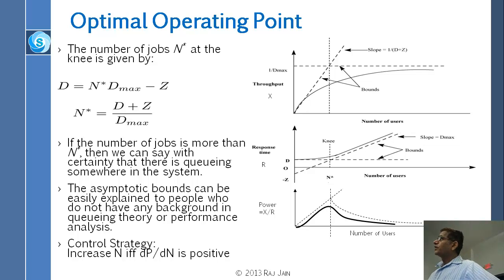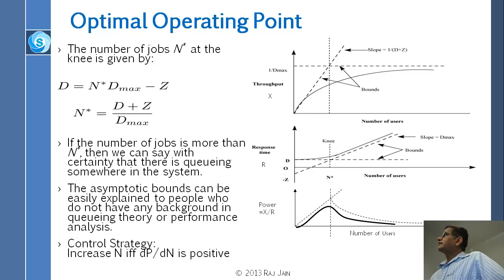Now, there is one more thing. Everybody knows what power is. Have you introduced the term power in the matrix when we were talking about the matrix before? Chapter 2, 3, 4. Basically, power is the ratio of throughput to the response time. So if you divide throughput by the response time, you can get an asymptotic bound on that too.